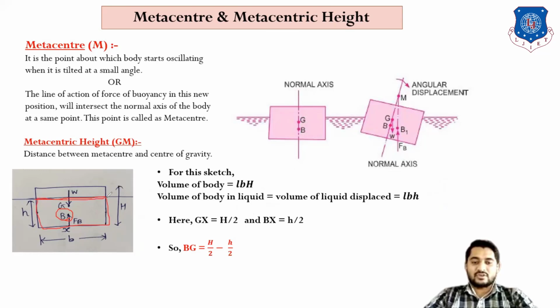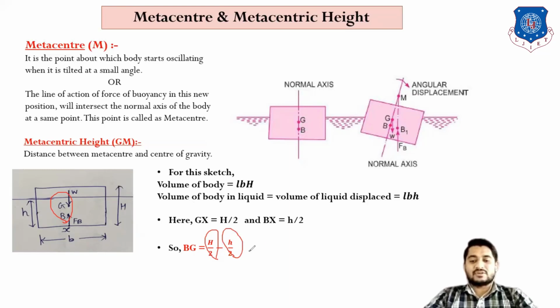So here it is the body immersed inside water, in which the center of buoyancy can be found. So we can say BX is equal to small h by 2. So here BG, if you want to find the distance between buoyancy and CG, that is capital H by 2 minus small h by 2 from this sketch.